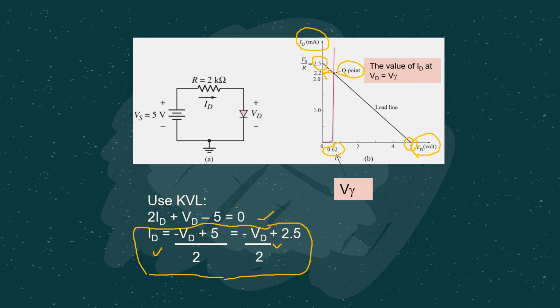These two values, ID and VD, should be the same as if we do the calculation using the three models. Remember, it should be the same value of ID and VD.